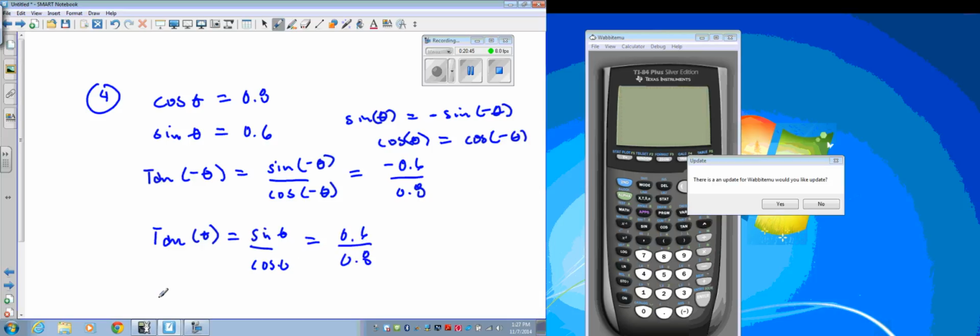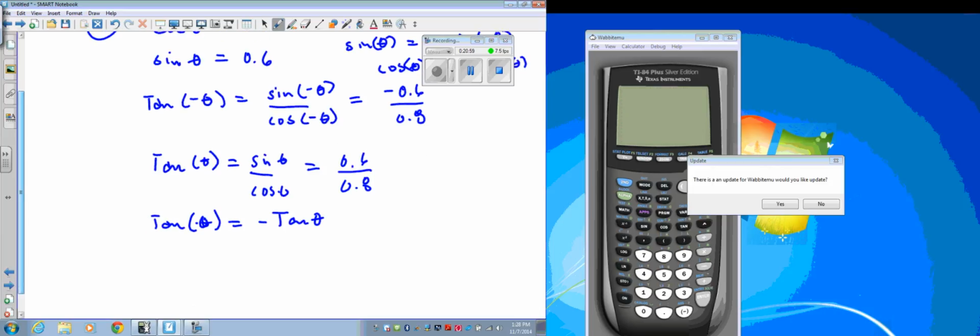And then the idea is that tangent of negative theta equals negative tangent theta, so I have to change the sign over here, right? Do you see what Corey's saying? He's saying go ahead and use sine theta over cosine theta to get your tangent of positive theta, then use this idea to change the sign.